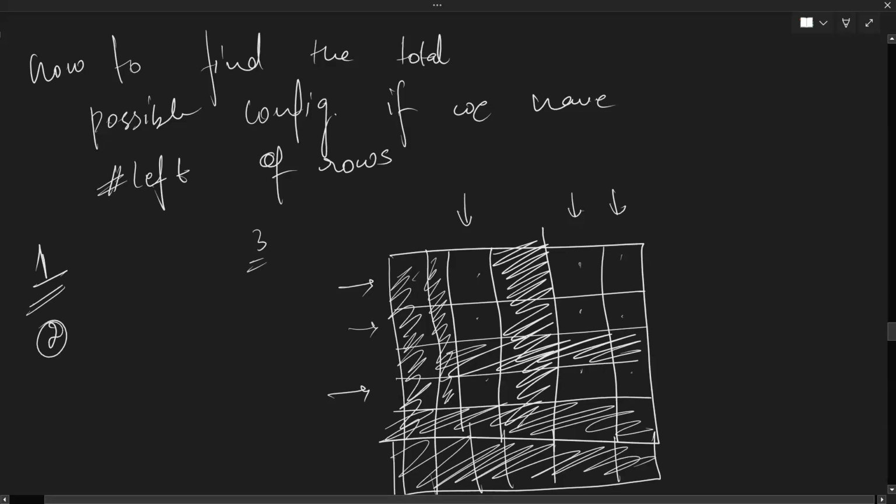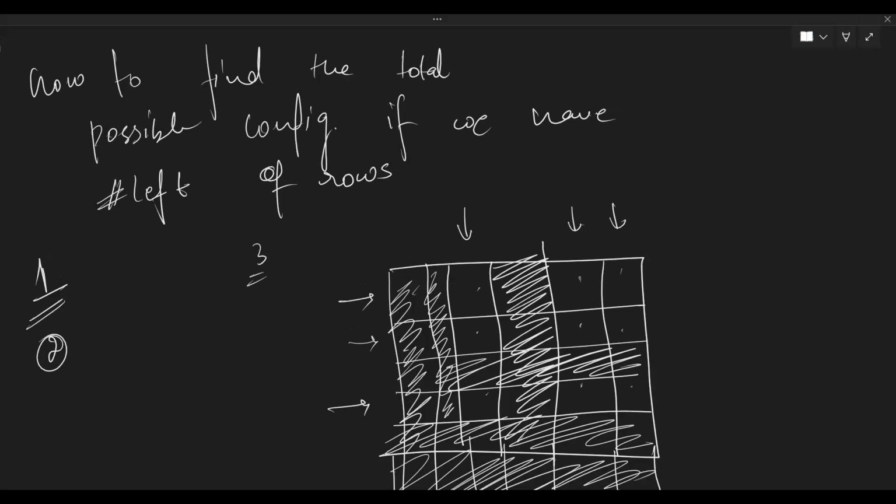There are 2 ways. If you have two rows left, how can you come up with 2 ways? Can you tell me?